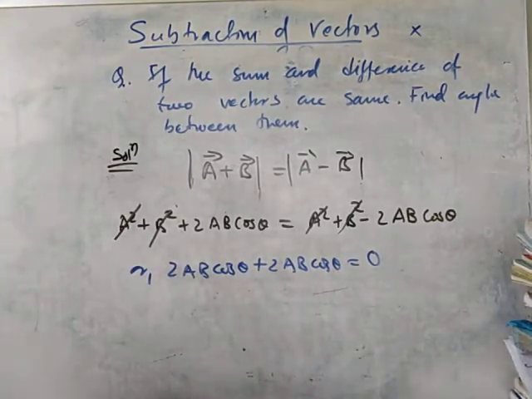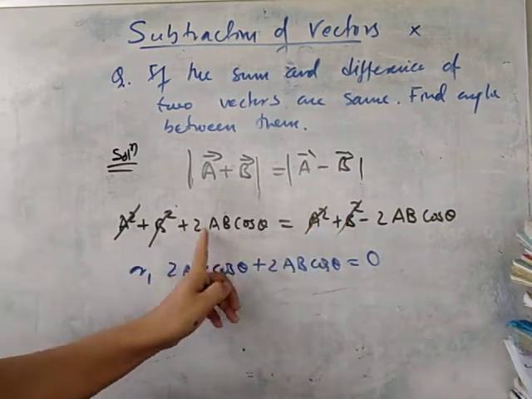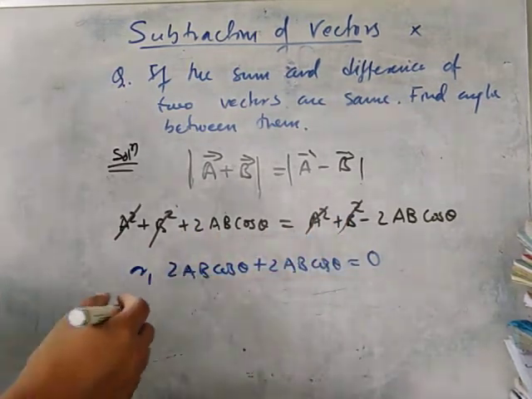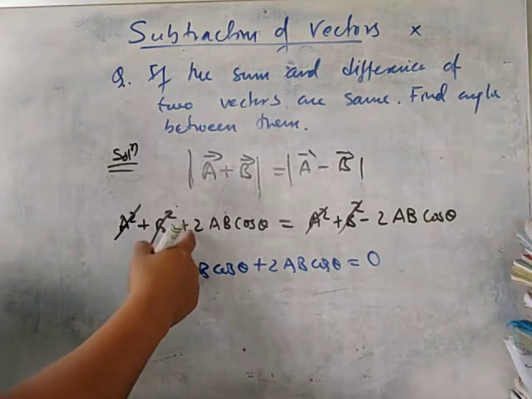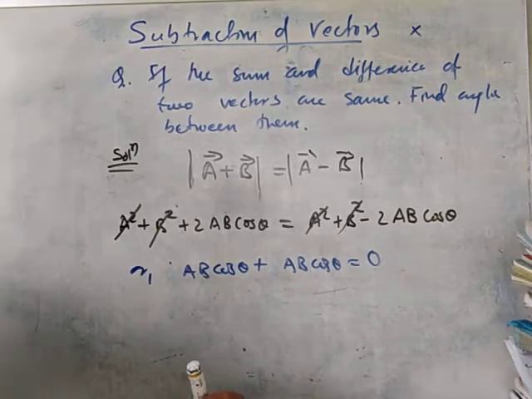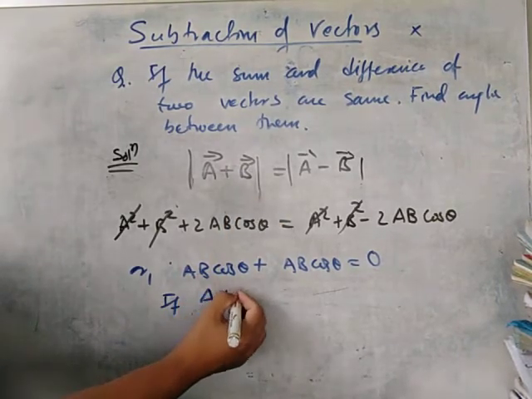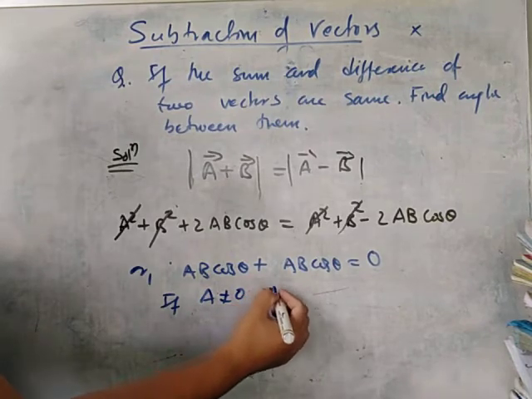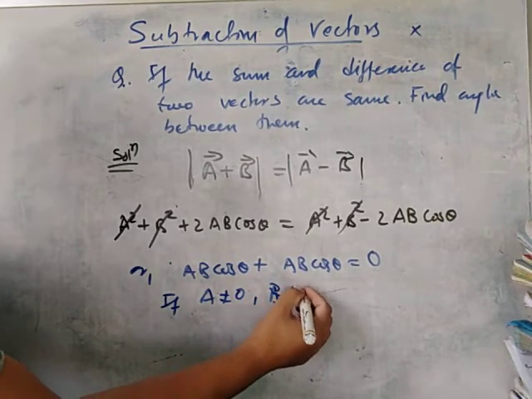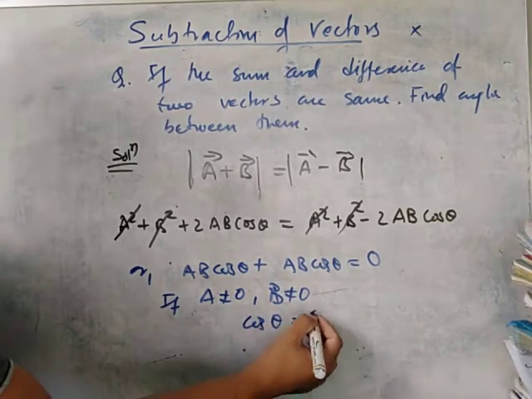Now these two cancel each other. Okay, so what happens if A is not equal to 0, B is also not equal to 0, then cos theta equals to 0.